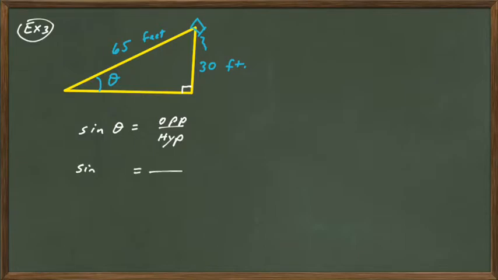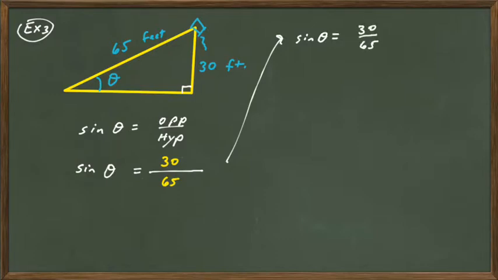So the sine of the angle theta equals, what's the opposite? 30 feet, and what's the hypotenuse? 65. So if I know that the sine of the angle is 30 over 65, how do I get rid of the sine? You do the inverse function, the arc sine.